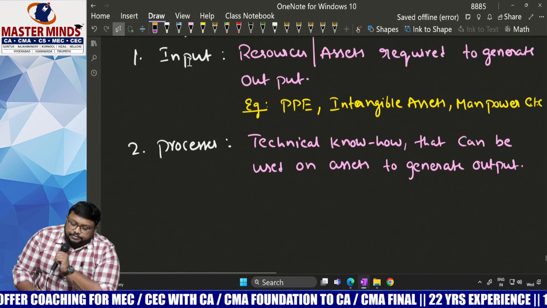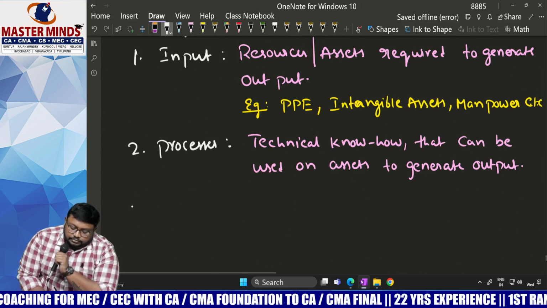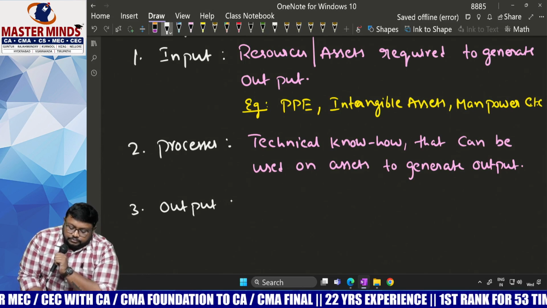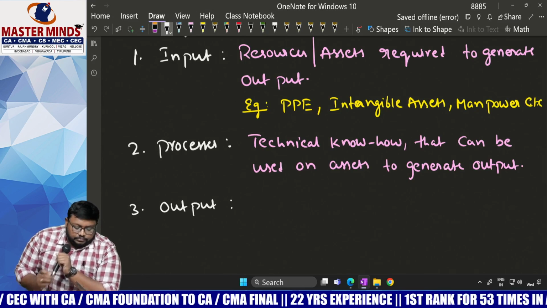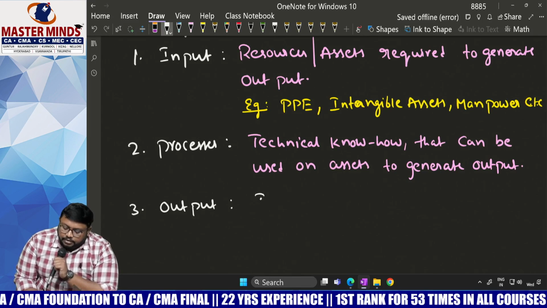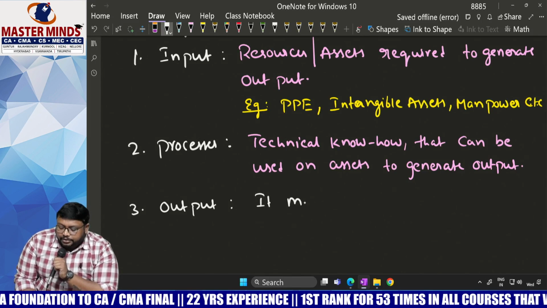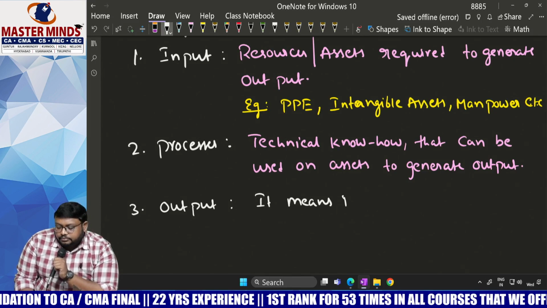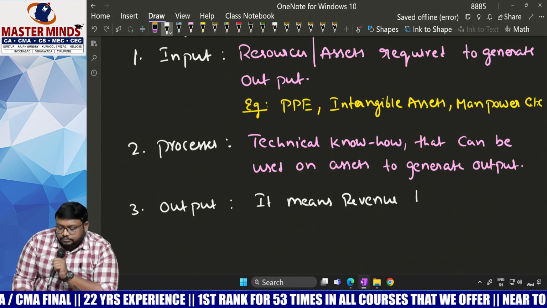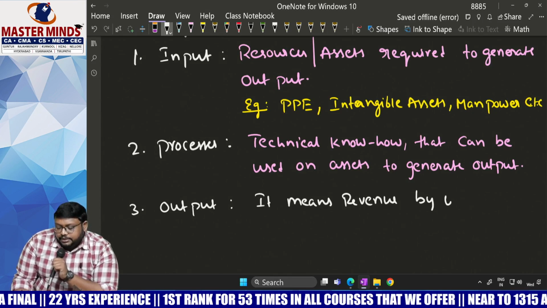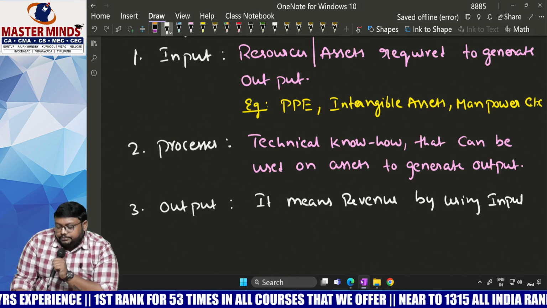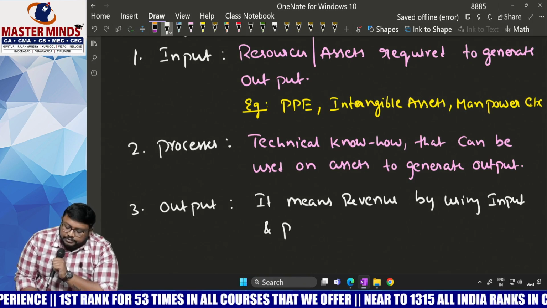Ultimately, the third one is output. It means revenue by using input and processes.